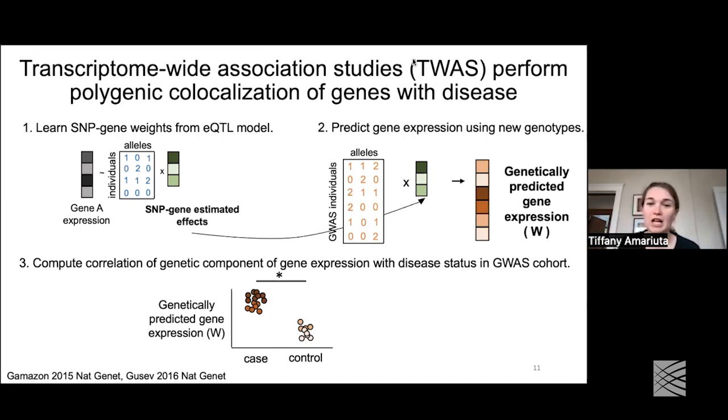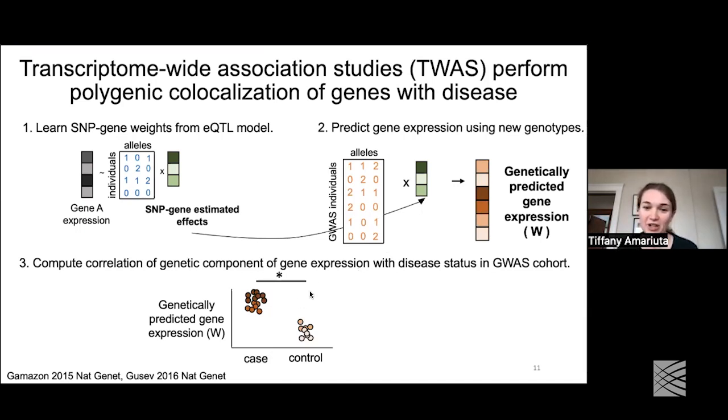In the second step of TWAS, we take these estimated weights from the multivariate regression and supply a new genotype matrix, let's say from a reference panel. For example, in our method, we will use 1,000 Genomes.